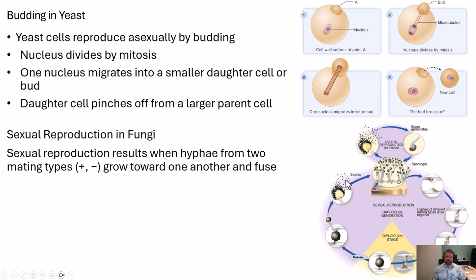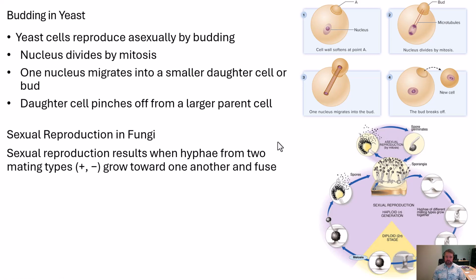You have these spores, which are the result of meiosis, which are genetically different from each other, and then these spores, which are the result of mitosis, which are genetically identical to each other. So it's a neat system, and it allows fungi to really adapt to lots of different environments. When conditions are good, or in some cases when conditions are really bad, maybe they go through sexual reproduction.